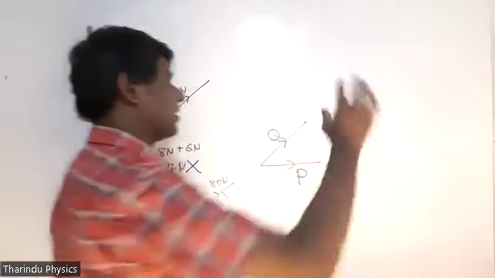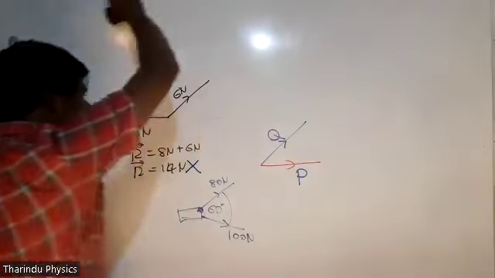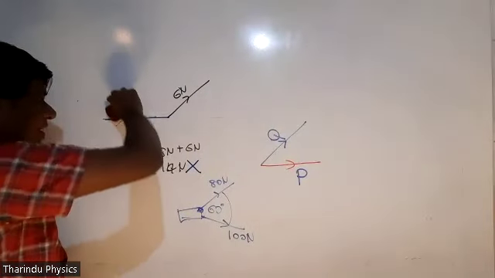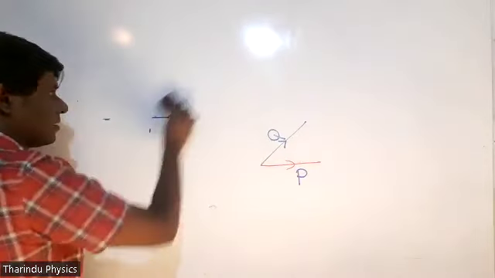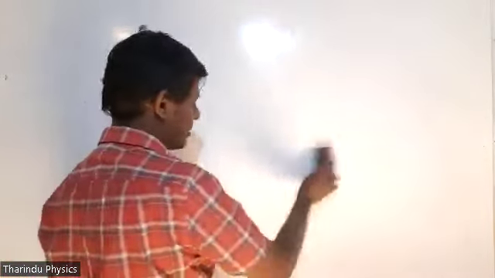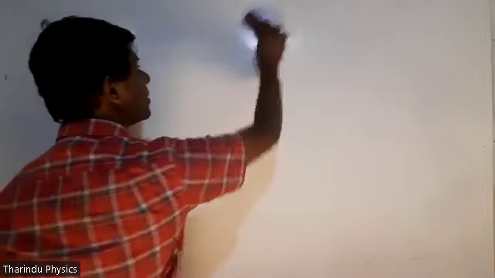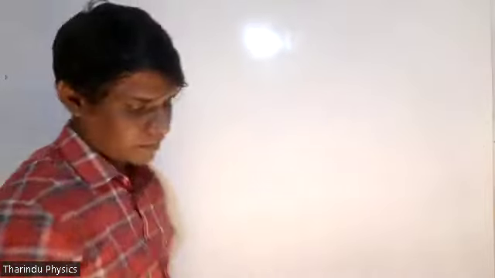Now quickly write the first subtopic: vector triangle theory. Write this in a new line.